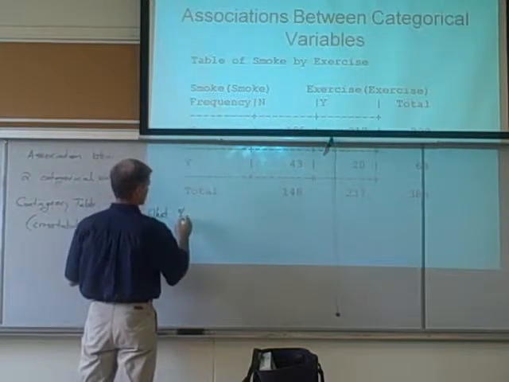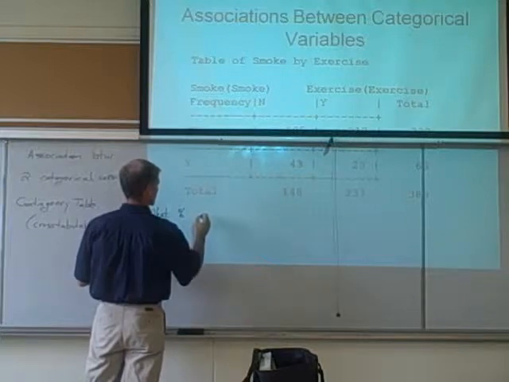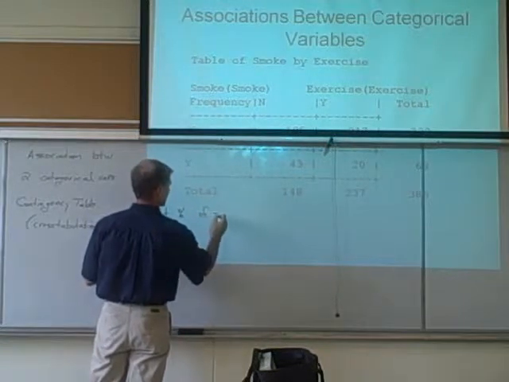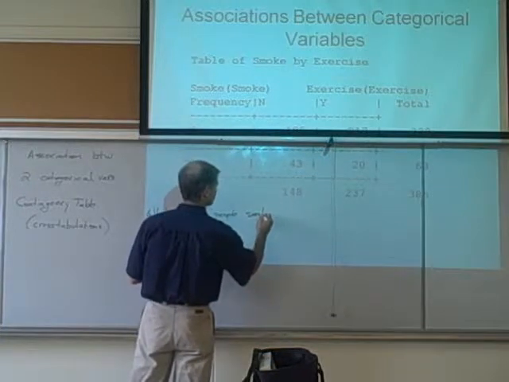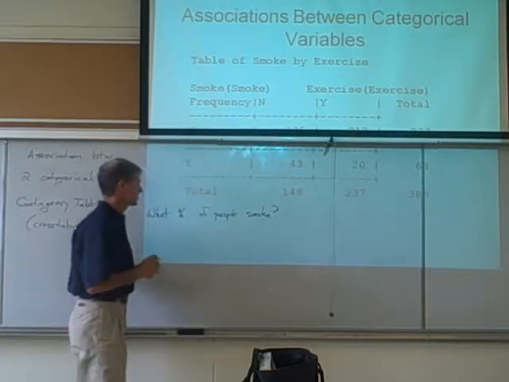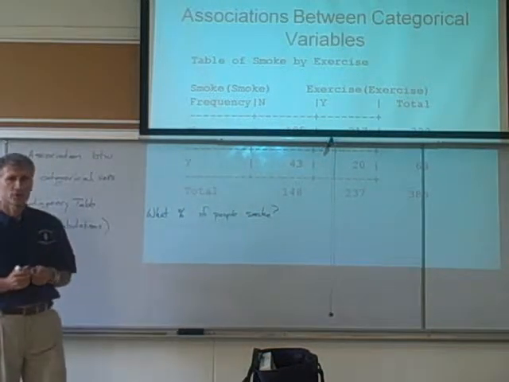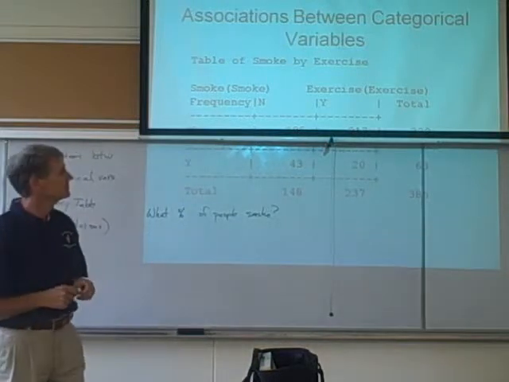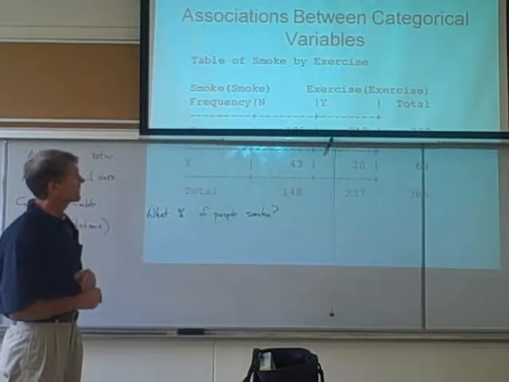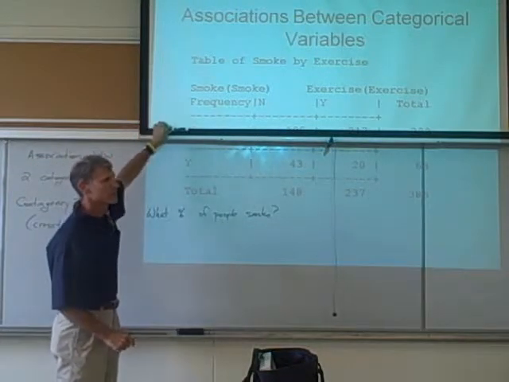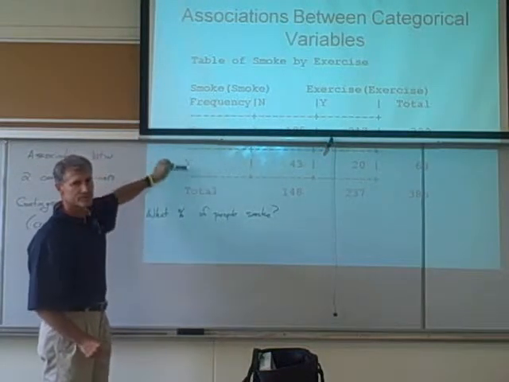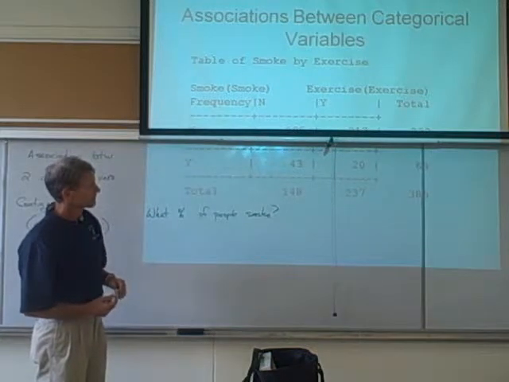What percent of people smoke? What percent of people smoke? I want you to use your calculator and figure that out based on this data. And this is non-smokers, smokers. 0.4.